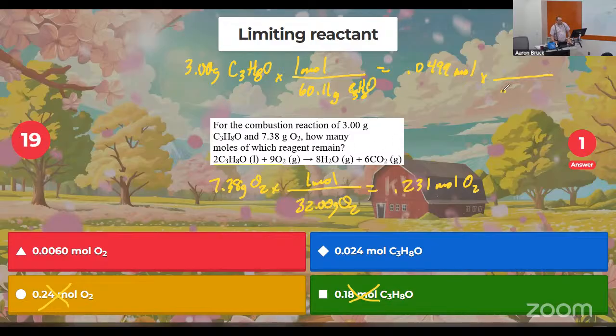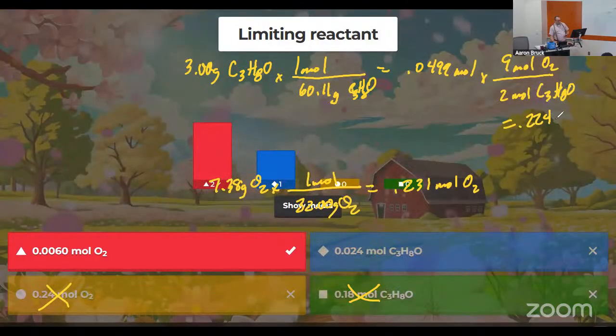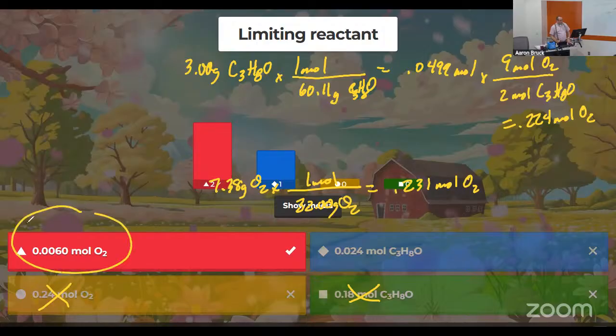So 2 moles of propanol for 9 moles of oxygen. 0.0499 times 9 over 2 tells me I need 0.224 moles of oxygen. I have that. So oxygen must be in excess, which means that letter A is the correct answer.